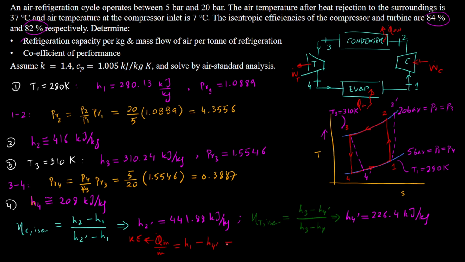And then we can evaluate this, and we're going to find out that this is going to be 72.1 kilojoules per kilogram.